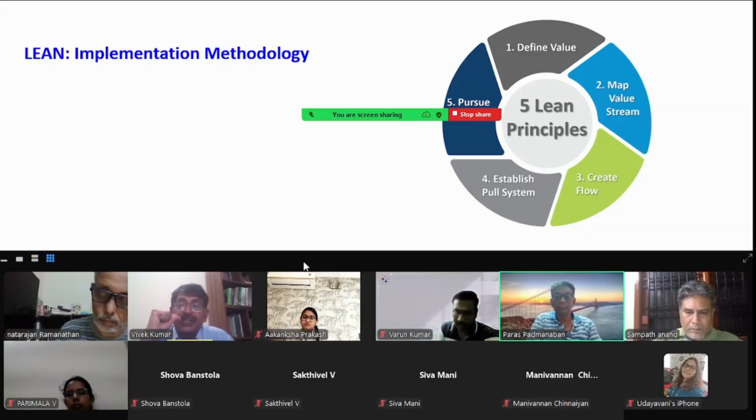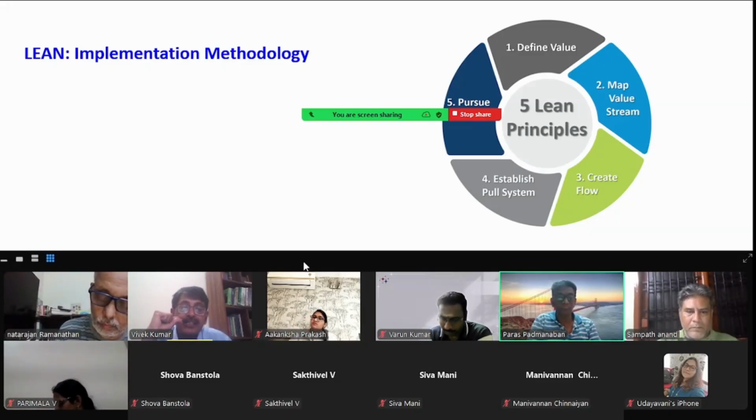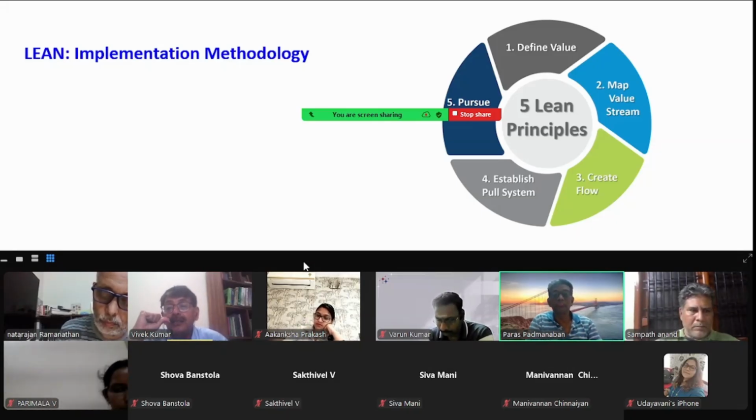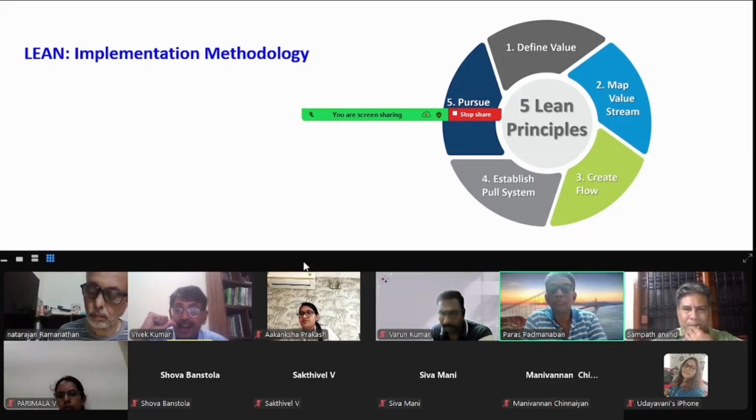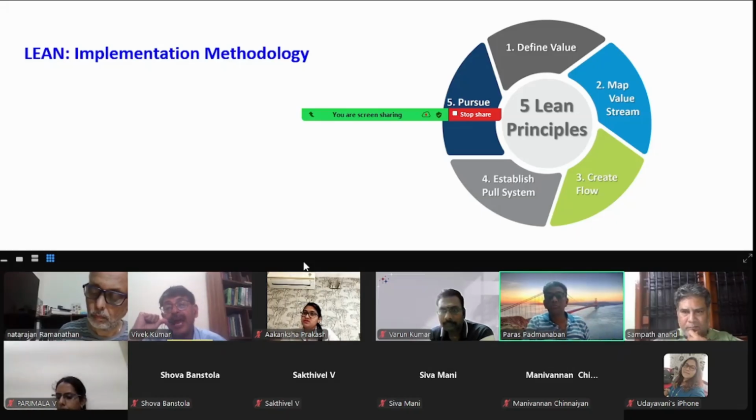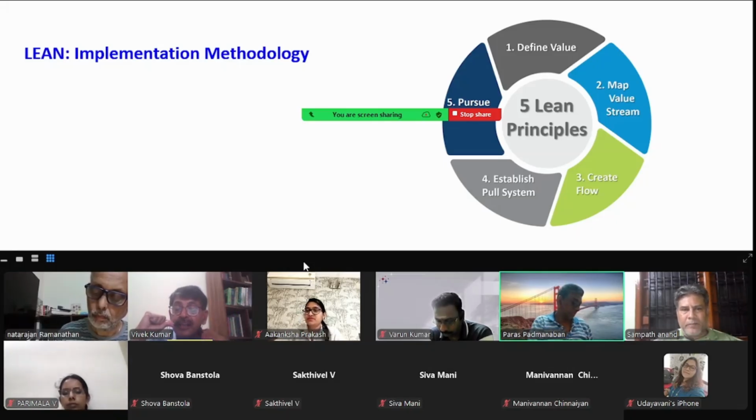So, starting from the very basics, my dear friends, just as Six Sigma methodology is also known as DMAIC methodology. What are the 5 phases? Define, measure, analyze, improve, and control. Akanksha, yes or no? That is what we have learned from Dr. GSK, Dr. RKV Raghavan sir, Vinod Shankaran sir, all of them.